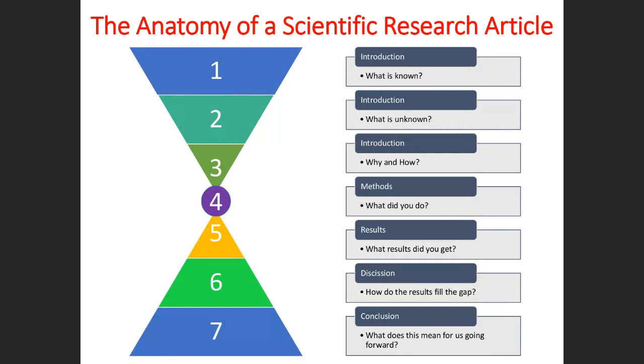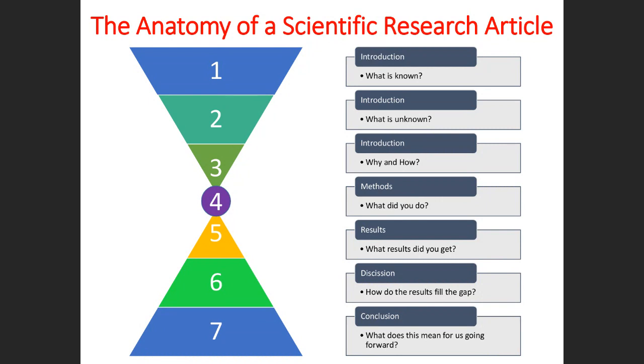Okay, yes, good. So, let's start with the anatomy of most, if not all, research papers. It will start with an introduction, then method, result, discussion, and conclusion, regardless of the specialty or discipline.